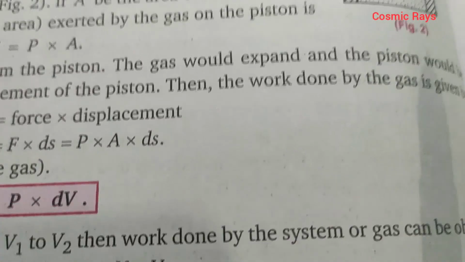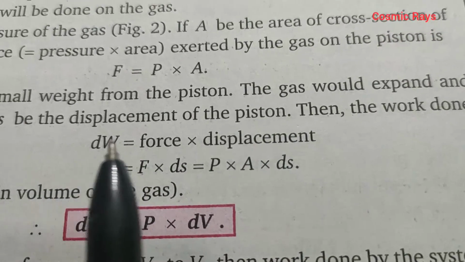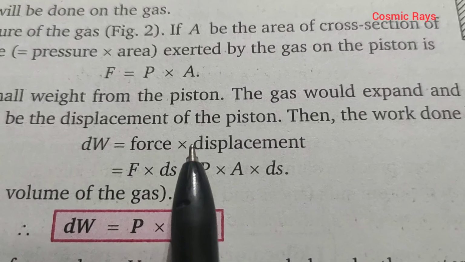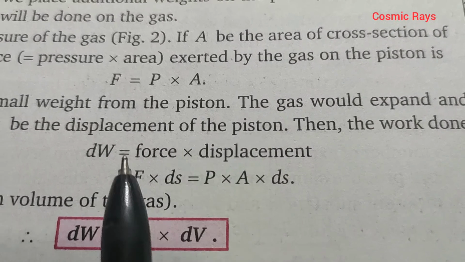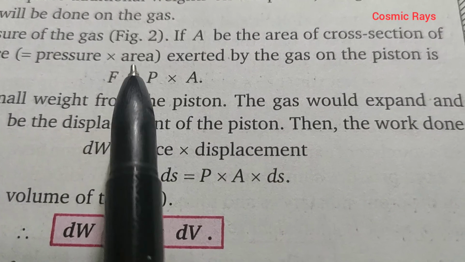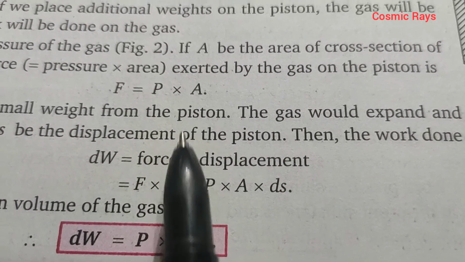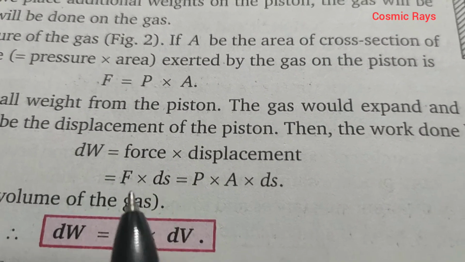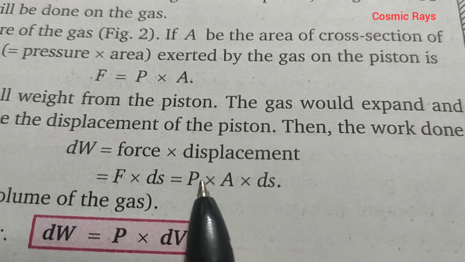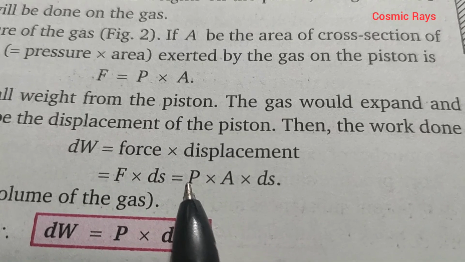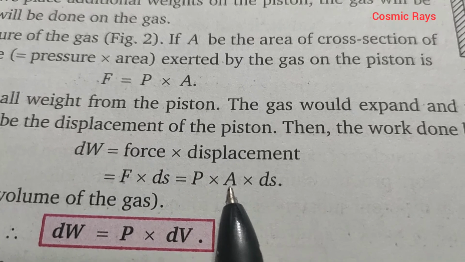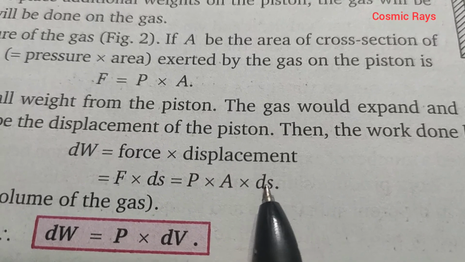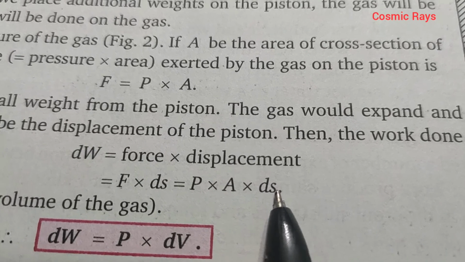So we have the equation dw, or the small amount of work done, is equal to force multiplied by displacement. Now force is nothing but pressure multiplied by area, so instead of force we write pressure multiplied by area into displacement, that is ds.